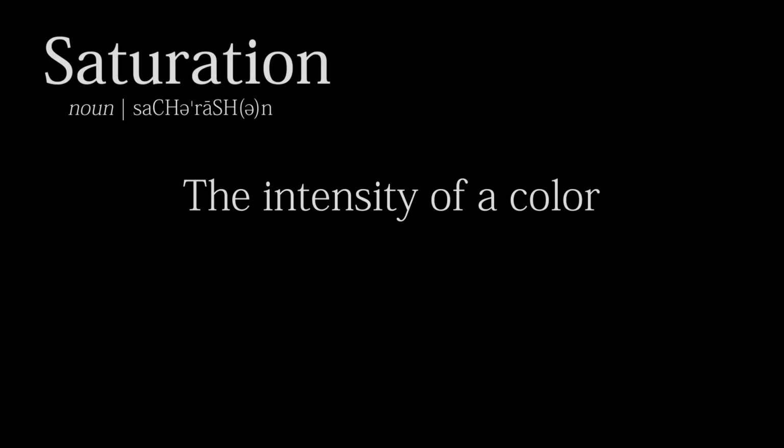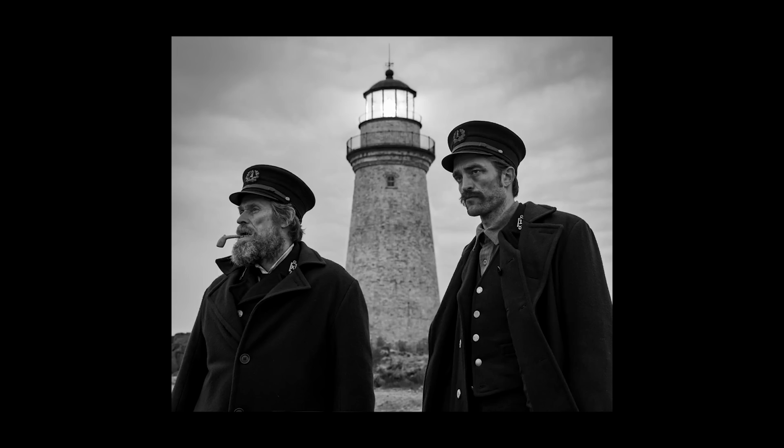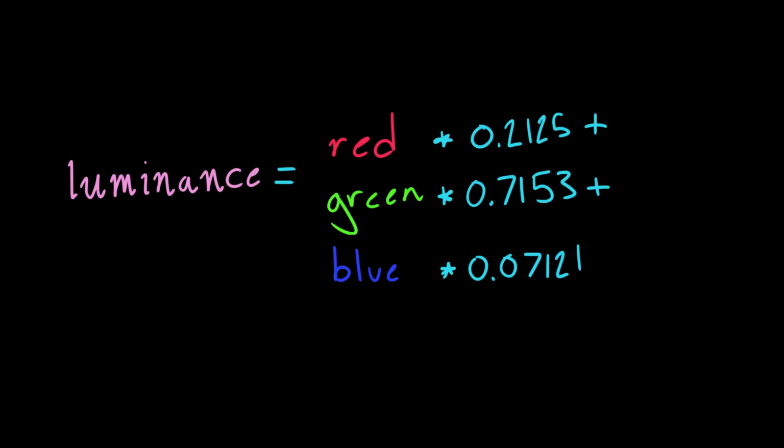Next up in the pipeline is saturation. Saturation refers to the intensity of a color. An image that is desaturated is black and white, and an image with high saturation is probably very uncomfortable to look at. Creating a saturation filter is actually really easy. By calculating the luminance of a pixel, we know what it would look like if it were desaturated.